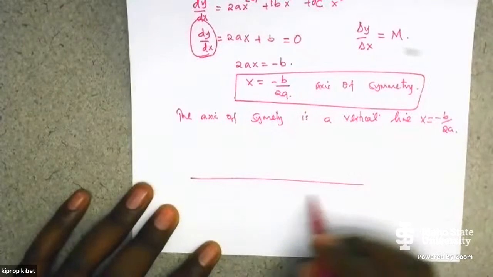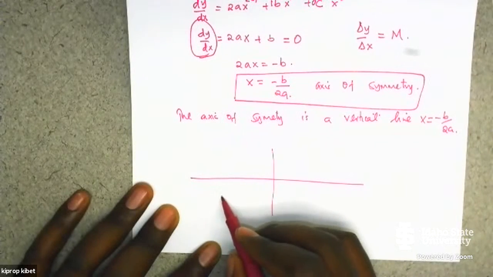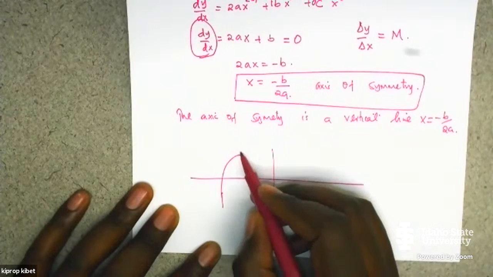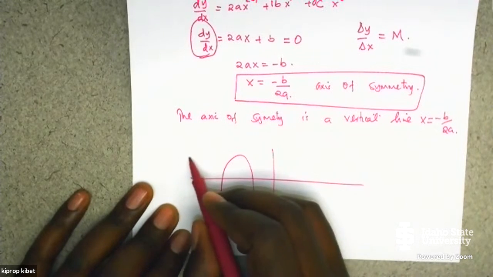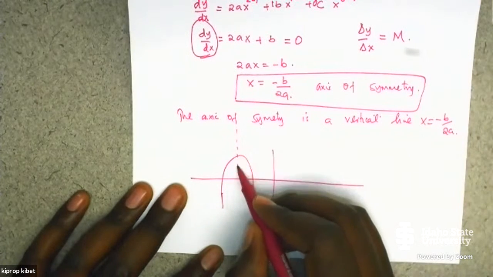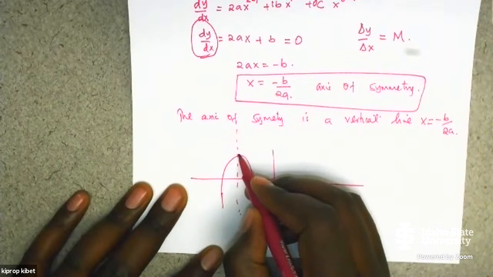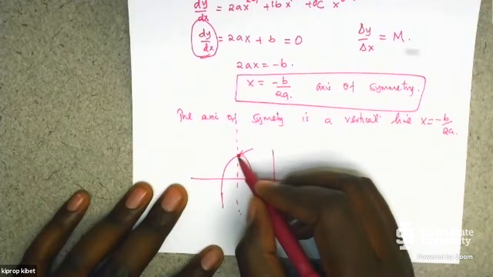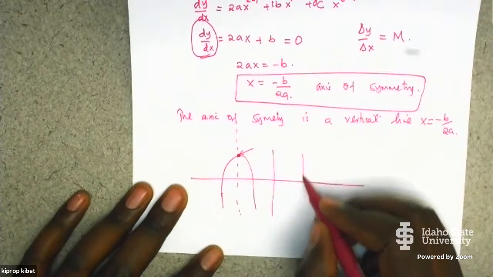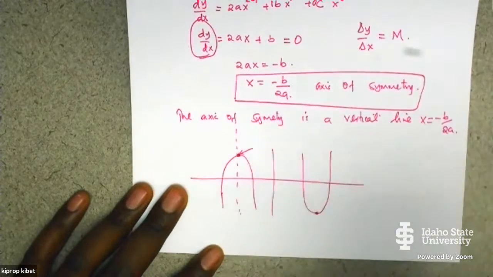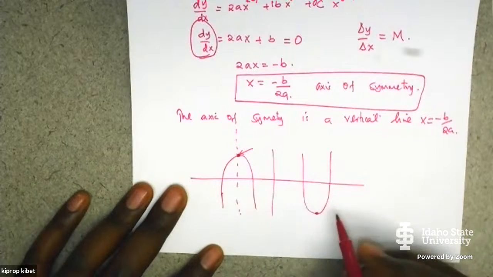So if it is like that, this is a parabola which is facing downwards. So the point here is the maximum point, and also when it is facing upwards, we can call this one the minimum point. You don't have to remember those terms.